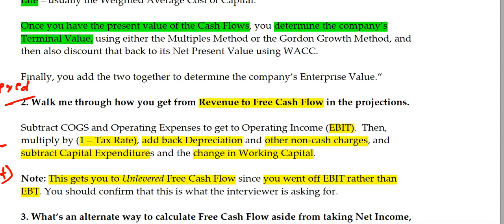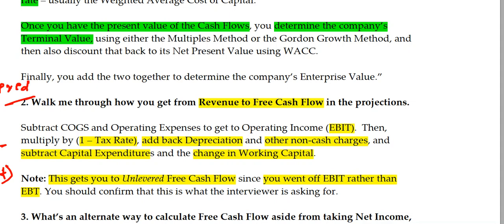Then we add back the depreciation again and other non-cash charges, and we subtract the capital expenditure and the change in working capital. This is how we get from revenue to free cash flow.